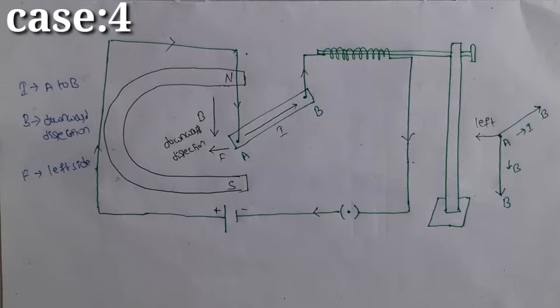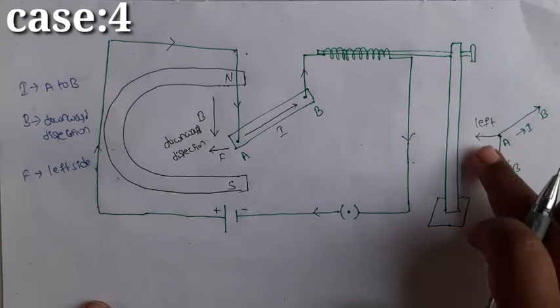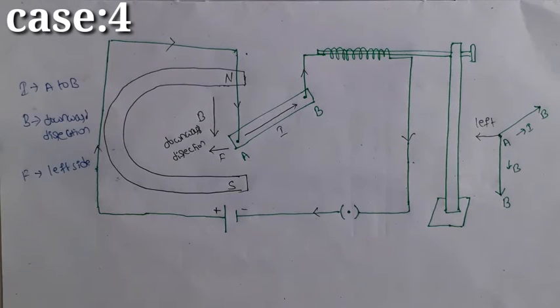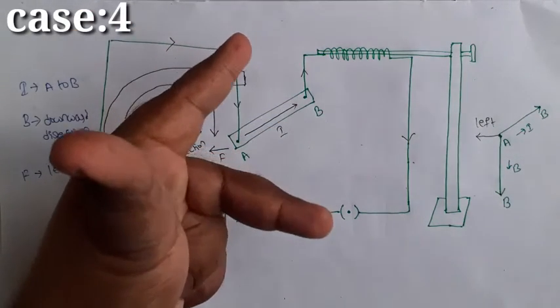From these cases, what are we understanding? The magnetic force does not depend only on the current, it also depends on the magnetic field direction. Next point, the magnetic field, current, and magnetic force, these three are in mutually perpendicular directions. For example, this is a coordinate system.